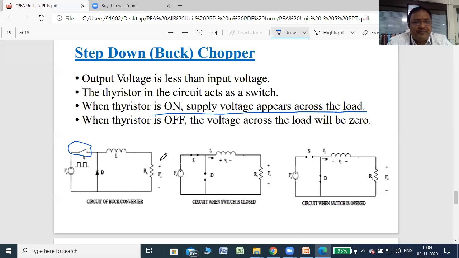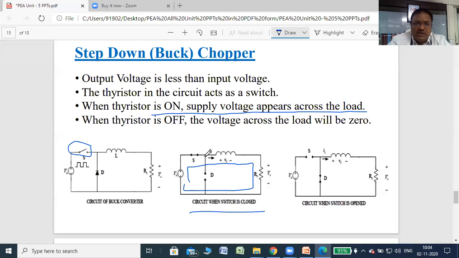You can check here in the second figure, when the switch is closed, the current flows through the load like this. At that time the diode is in reverse bias condition. Why?